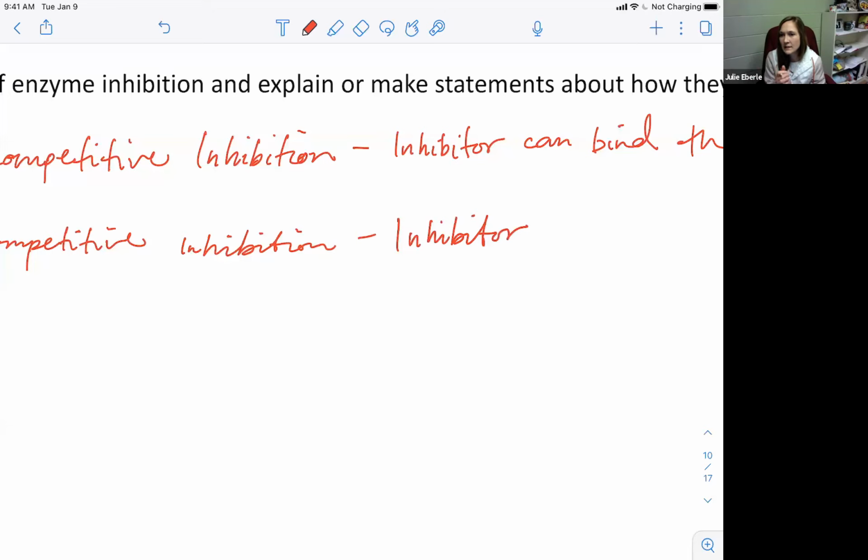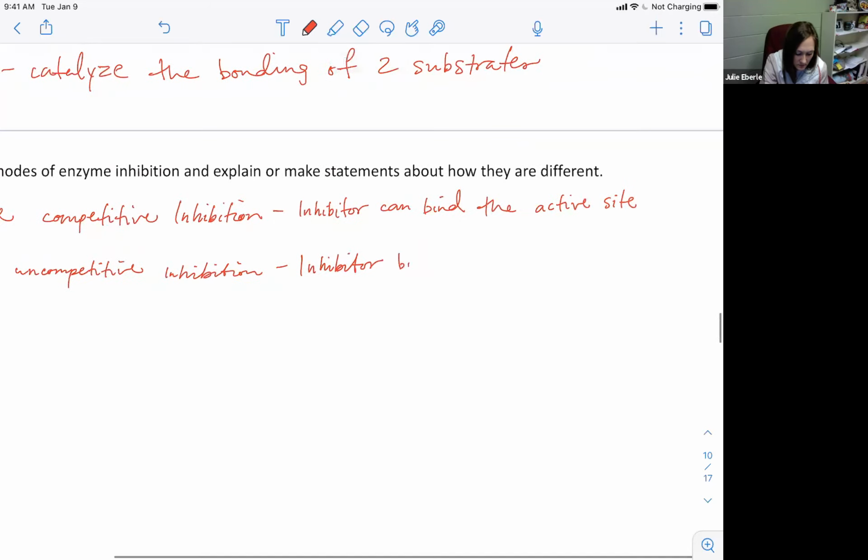You guys know what I mean when I say enzyme substrate complex? What does that mean? I'm going to say ES complex. So we use this little notation, it's on one of your slides in your enzymes lecture.